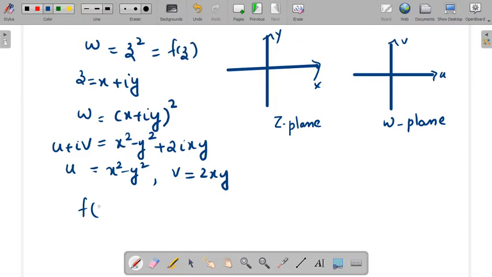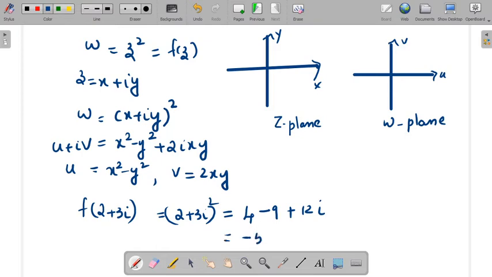If you want to find the image of 2 plus 3i, we substitute it here. f of 2 plus 3i is (2 plus 3i) squared, which is equal to 4 minus 9 plus 12i. So what we get is minus 5 plus 12i.